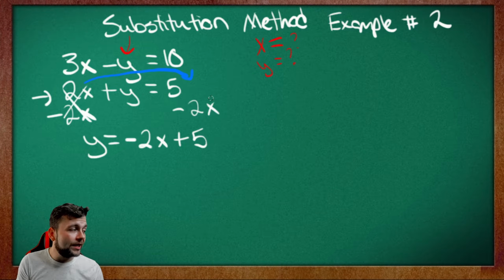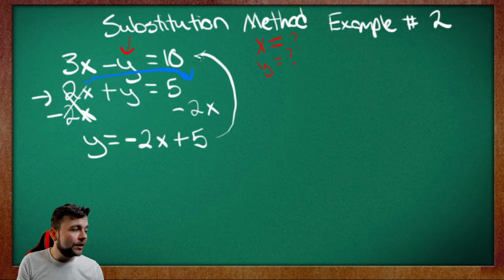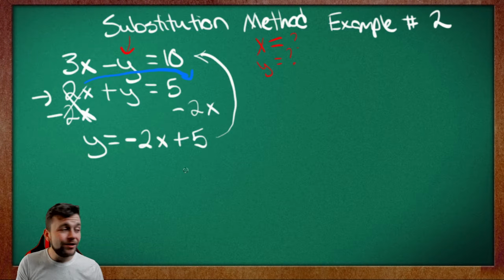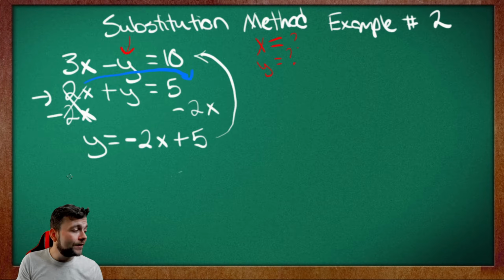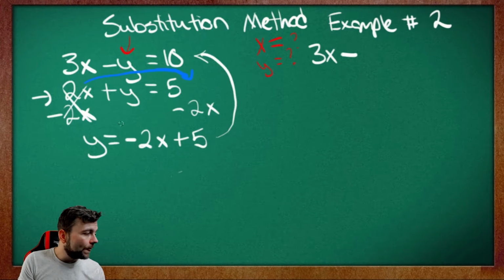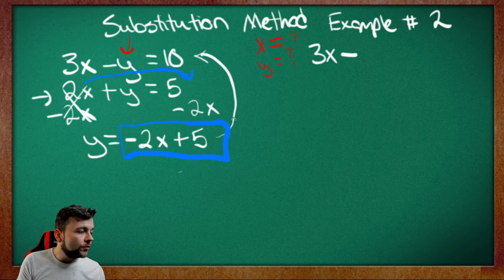Y equals that. Now we're going to take this and plug it back into our first equation. I know it's crazy stuff. So it is 3. I'm going to write over here. We have 3x minus, and then we're going to take this and plug it in right here, because that is y.